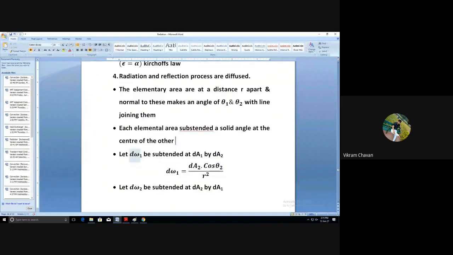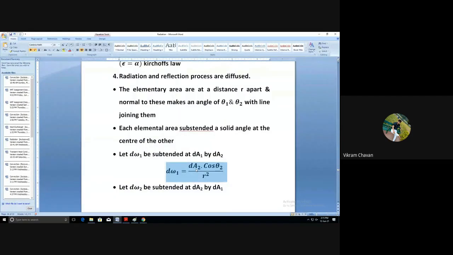Let d omega 1 be the solid angle subtended at dA1 by dA2. The solid angle subtended at dA1 by dA2 we will call d omega 1. It is the exposure of body 2 on body 1.